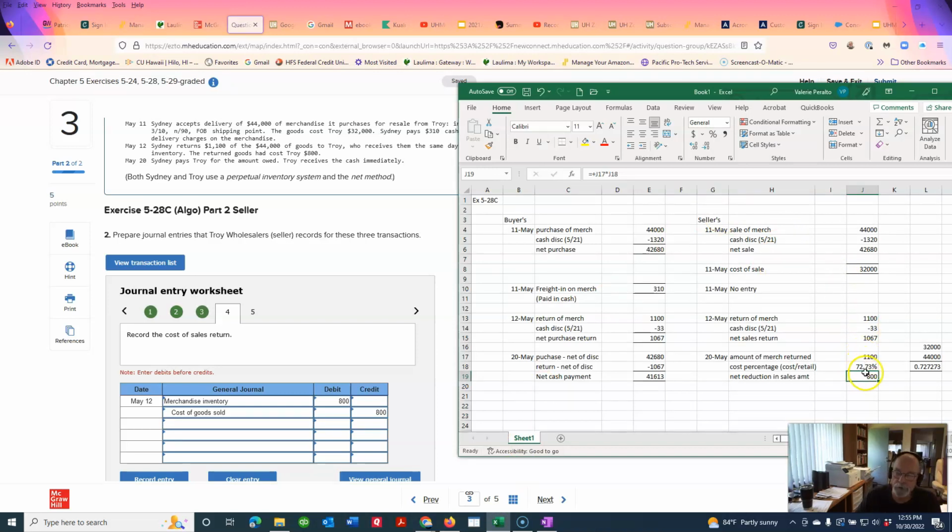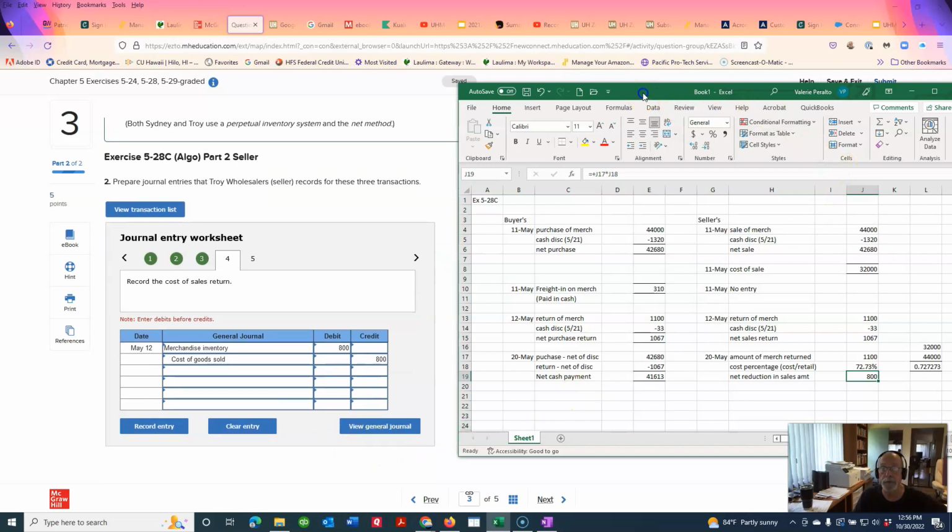So to record the cost on a sale return, we would simply reverse that entry, debiting back the $800 back into inventory, assuming that returned merchandise goes back into inventory at cost, and a corresponding credit to cost of goods sold, which is a reduction of the cost of goods sold on that sale.